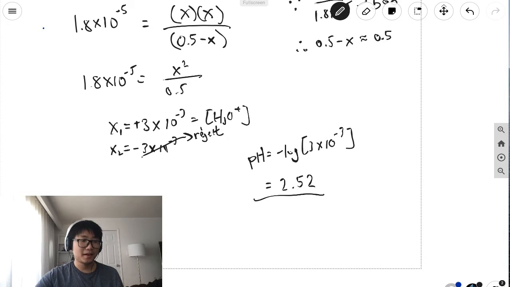Okay. Wait, let's talk about that though. I think what happened was your calculator thought it was 1.8 times 10 to the power of negative 5 times 0.5 up here, right? Do you think that's what they did?